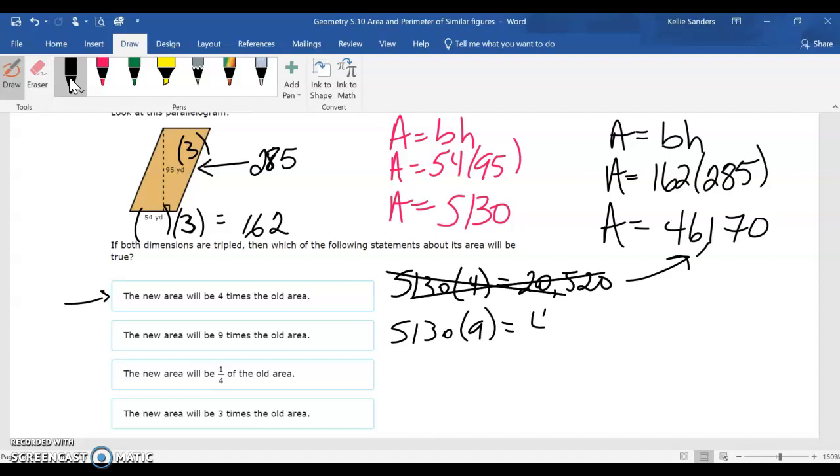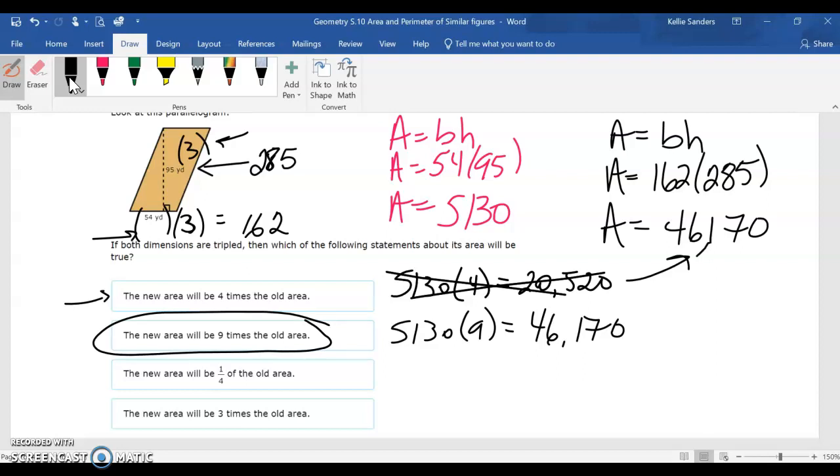Oh, look, 46,170. So whenever each length is tripled, the area becomes 9 times bigger than the original parallelogram.